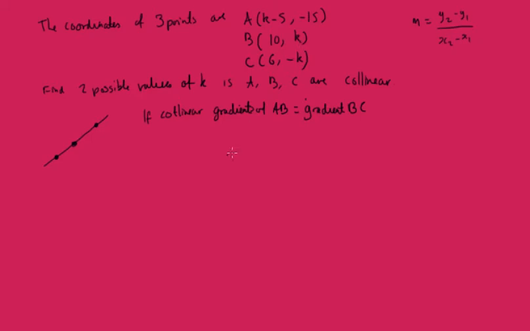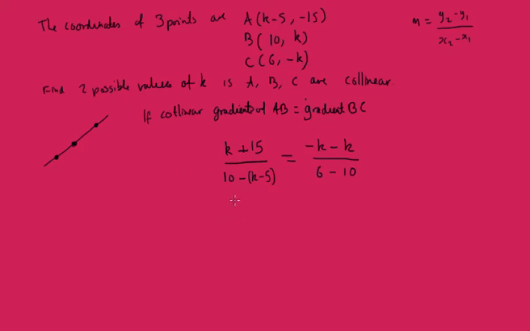We'll make this y2, k minus minus 15, so it's going to be plus 15, over x2, which is 10 minus k minus 5, and that must be equal to, for BC, the y coordinates first, minus k minus k over 6 minus 10.